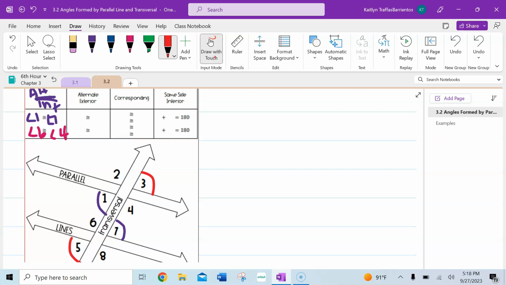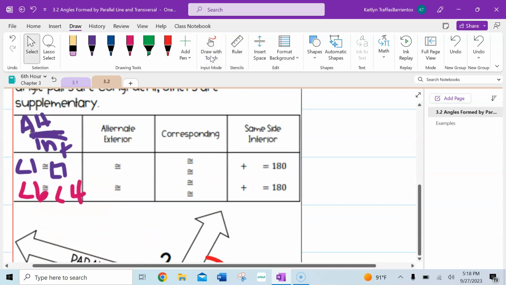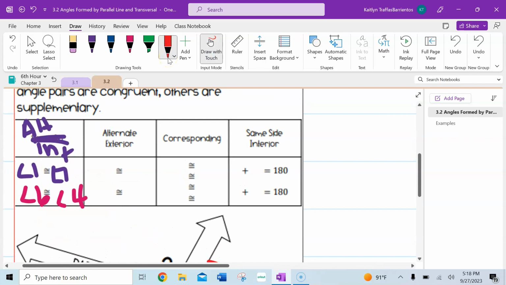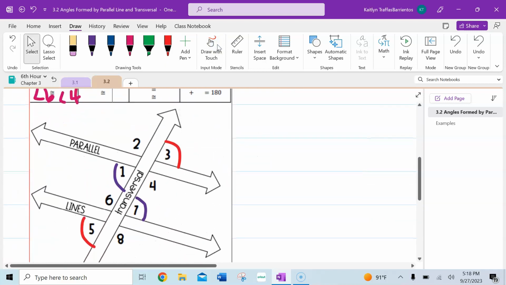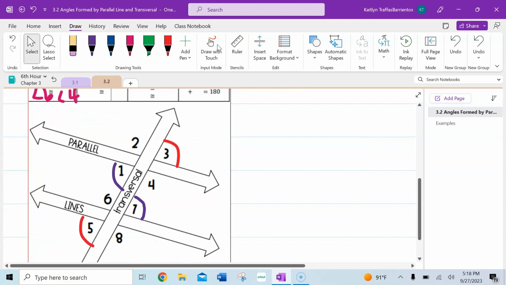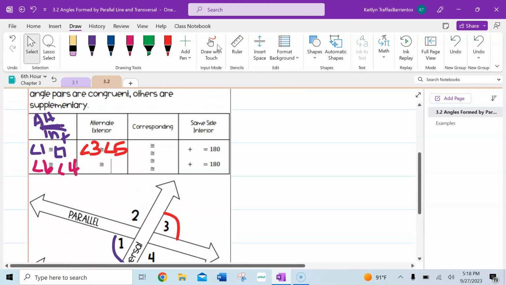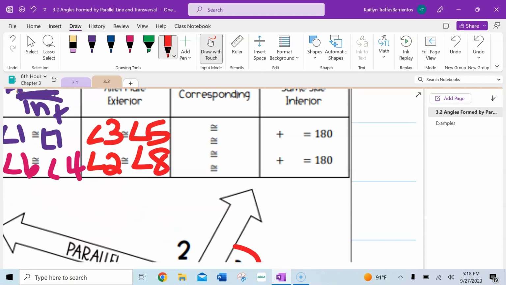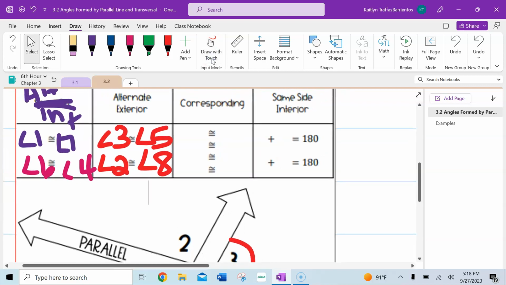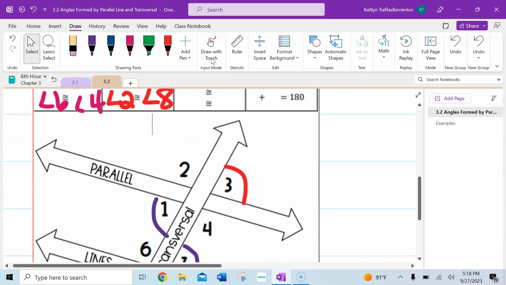The alternate exterior angles are angle 3 congruent to angle 5. We have another set of alternate exterior angles as well. It's angle 2, which is also on the exterior, and angle 8. So angle 2 is congruent to angle 8 because of the alternate exterior angles theorem.